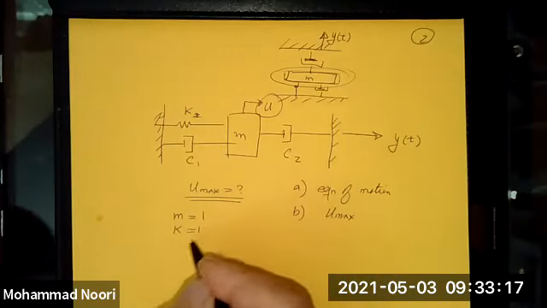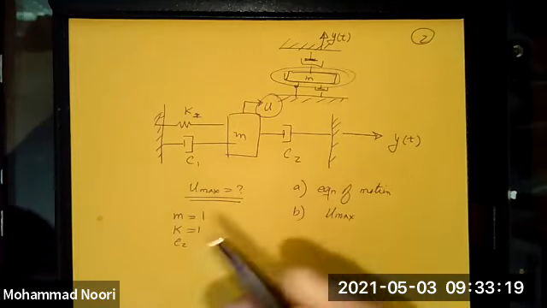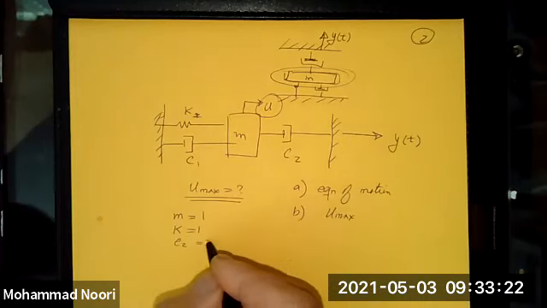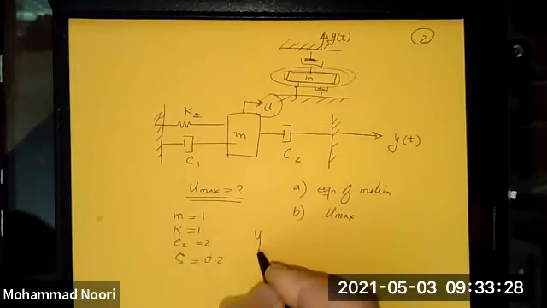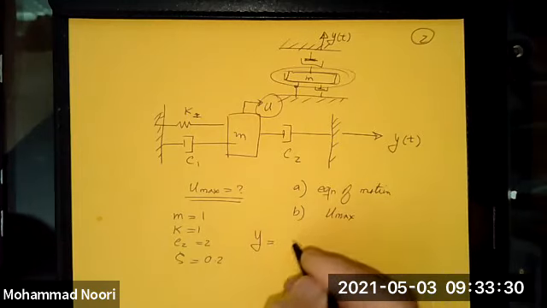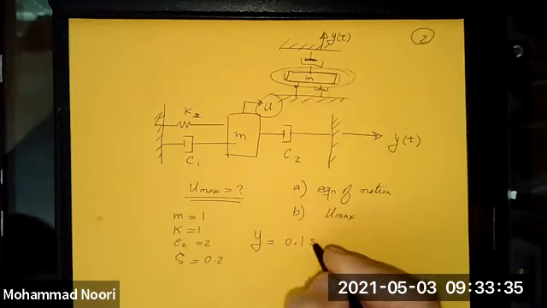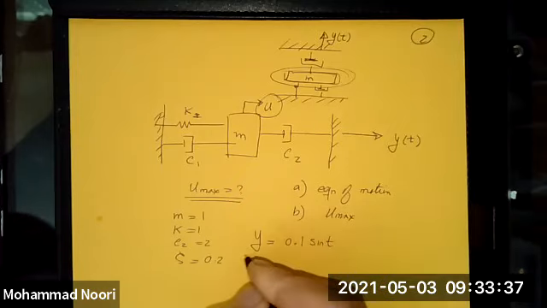Let's say mass is 1, k is 1, and the units are all English units. The damping ratio of the system is given, and the input displacement is a sinusoidal function that looks like this.